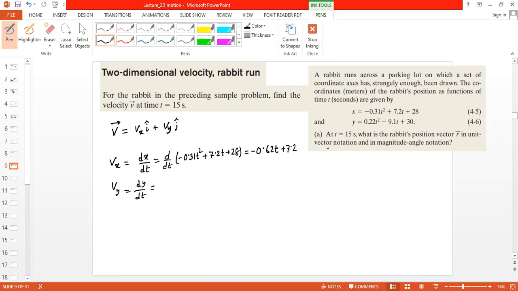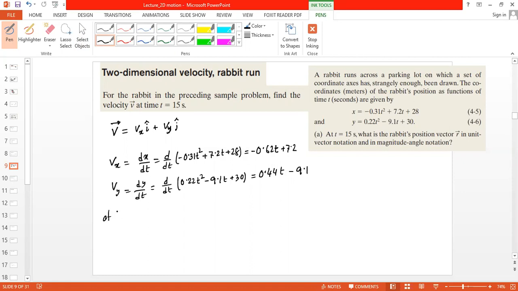And then Vy is equal to dy by dt. That means I have to differentiate this y with respect to time, that is d/dt of 0.22 t square minus 9.1 t plus 30. So I have to multiply this by 2: 0.44 t minus 9.1. And now they are asking for the velocity at time t equal to 15 seconds.